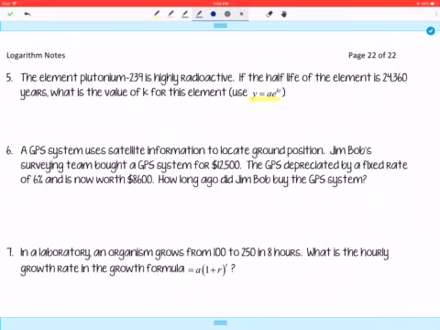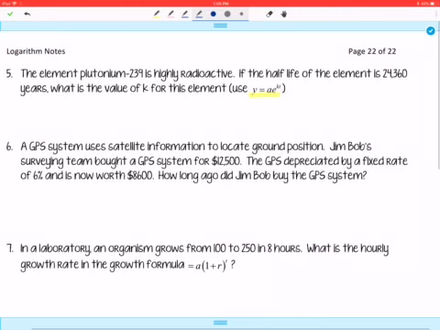Now this one's worded a little bit differently because it really doesn't give us any information other than what the half-life ends up being. Think about it this way. If an element has a half-life, then that's how long its life is halfway.